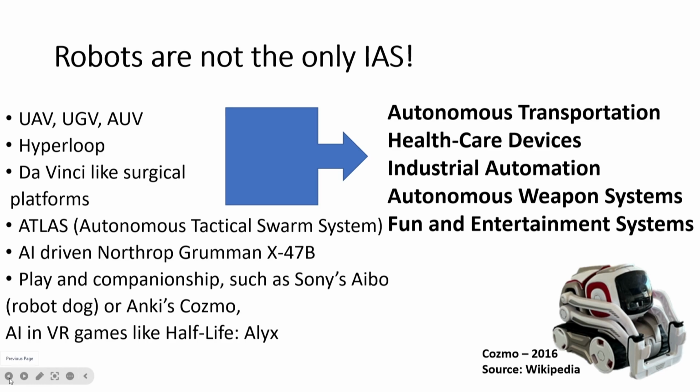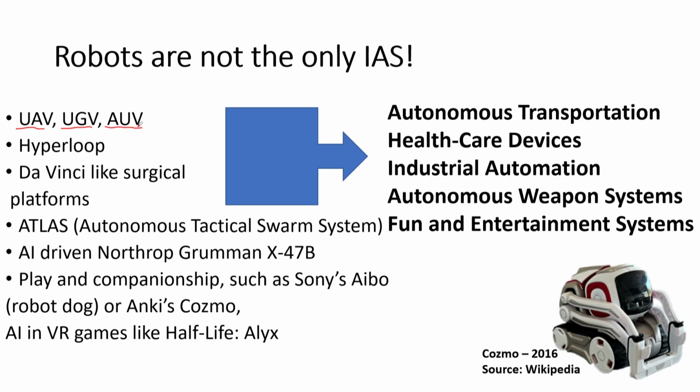For example, I told you about unmanned air vehicle, unmanned ground vehicle, and also autonomous underwater vehicle, AUV.